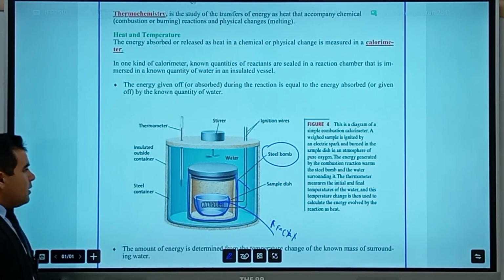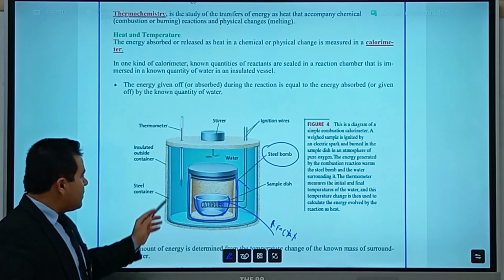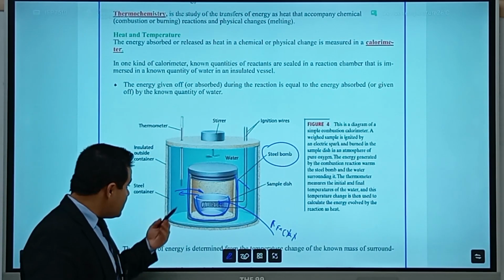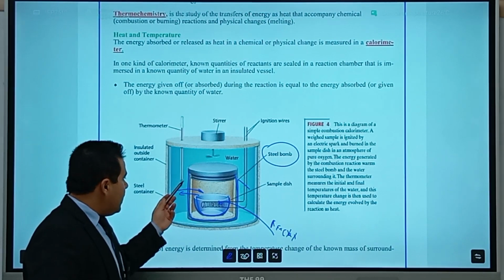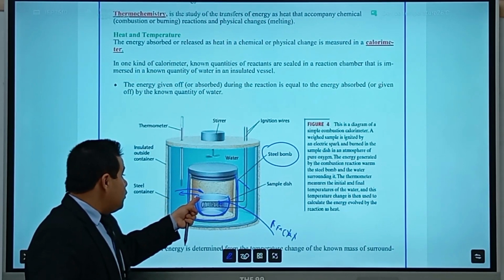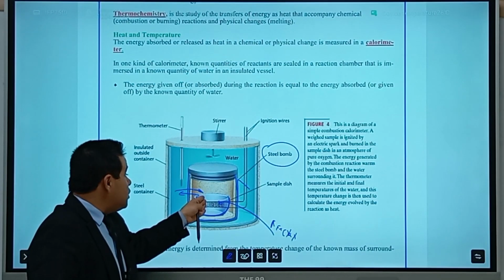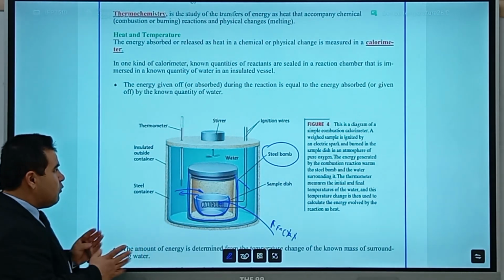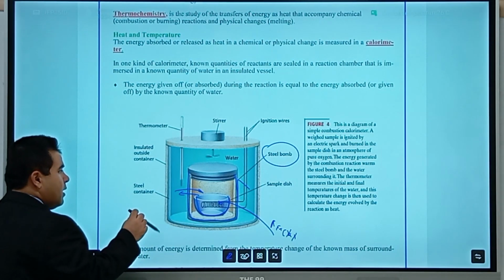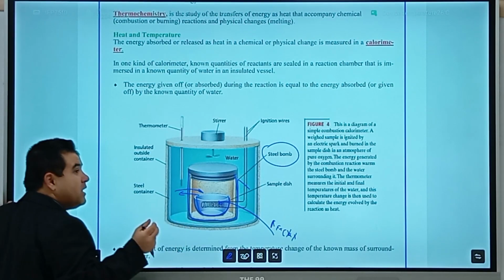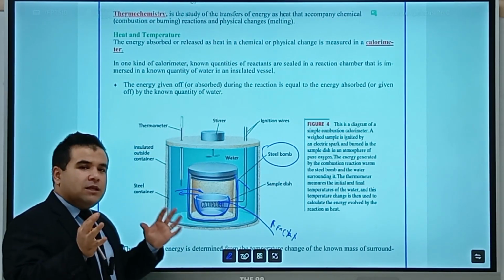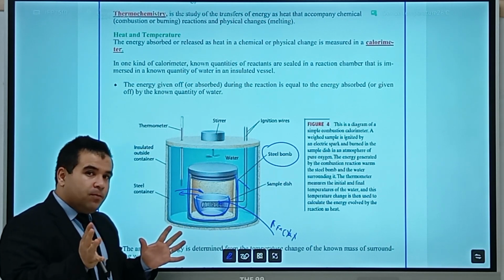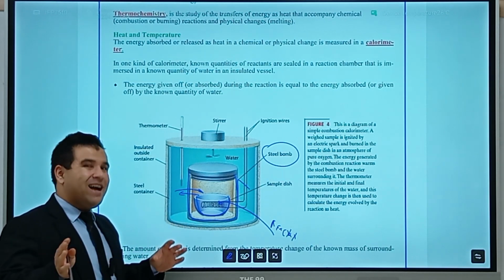This steel bomb allows the heat to be transferred between the sample dish and the surrounding water, but does not allow physical mixing. It allows the passage of the heat, but does not allow the passage of mass.